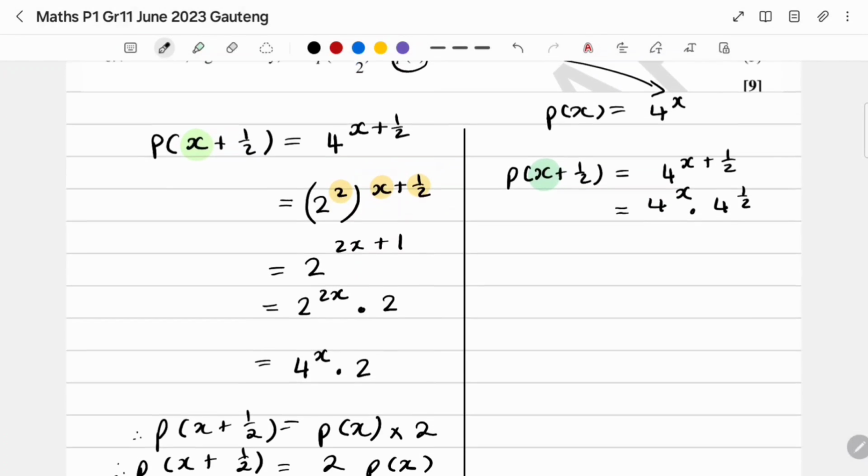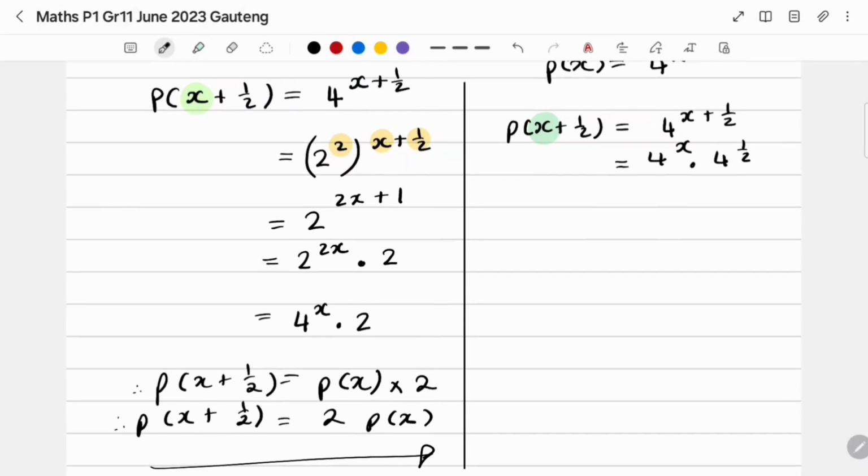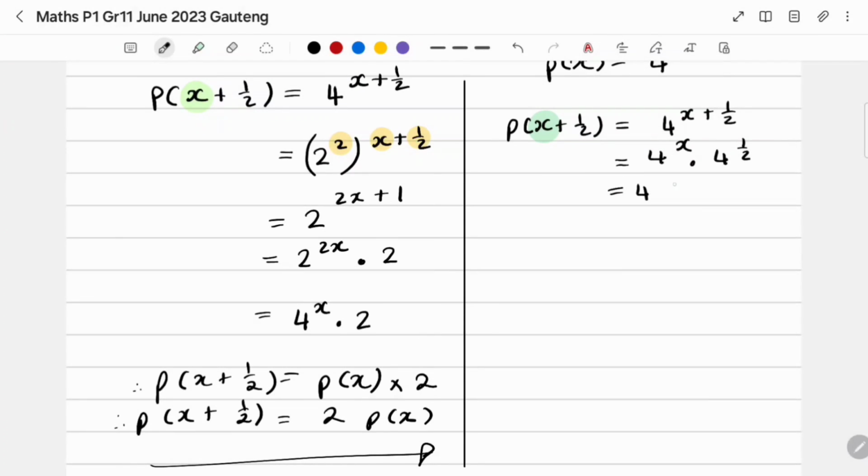So I have my 4 to the power of x, which represents p of x. So I leave that and I'm going to say 4 to the power of x multiplied by, and then change this base. So change that base of 4 to 2 squared, but it still has its exponent of a half, so multiply by a half. And so I will still have the 4 to the power of x multiplied by, now 2 to the power of the 2, the squared, right?